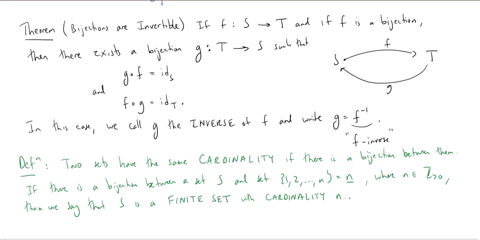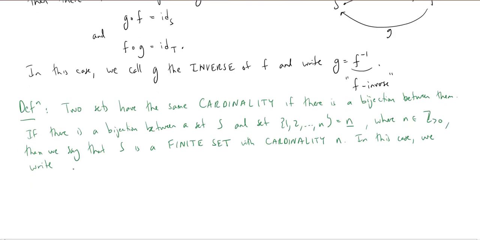If I want to talk about the cardinality of the set S, I'm going to use absolute value bars, which is a measure of how close something is to 0, the distance from 0. In this case, it'd be the distance from having 0 elements.